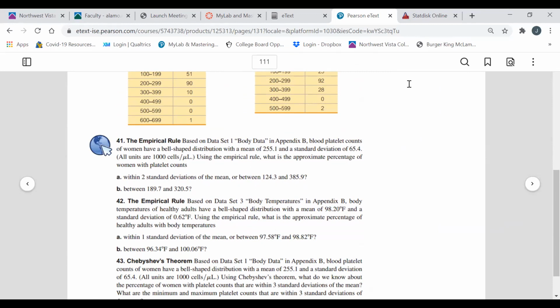Mean is 255.1 and a standard deviation of 65.4. Using the empirical rule, what's the approximate percentage of women with platelet counts within 2 standard deviations of the mean, and between 189.7 and 320.5?